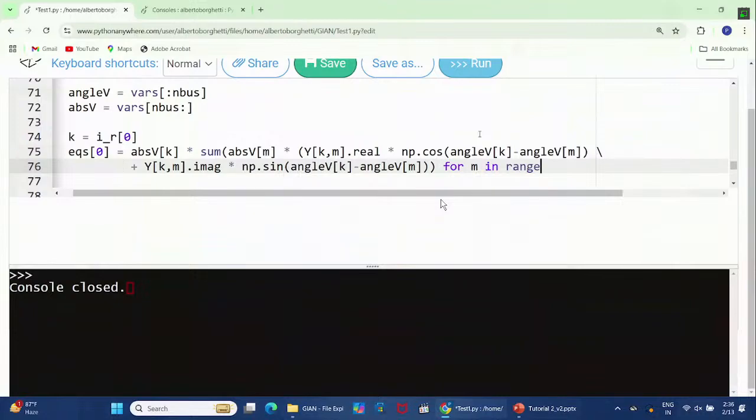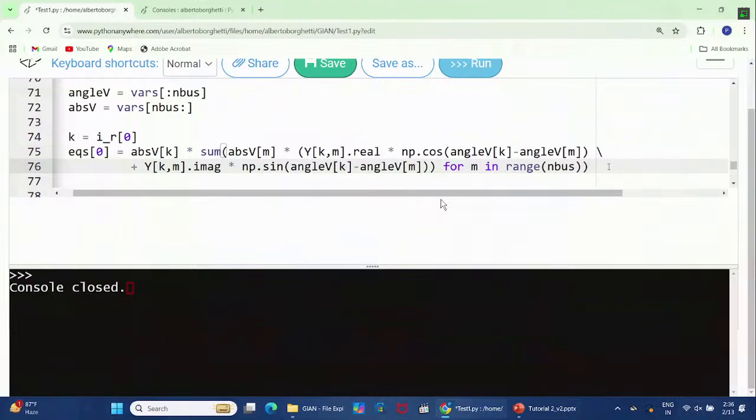Is it fine? So range of n bus. So this is the summation of this part that is repeated for m equal to 0 and m equal to 1, bus 1 and bus 2. At this point, we can close the parentheses for the sum.